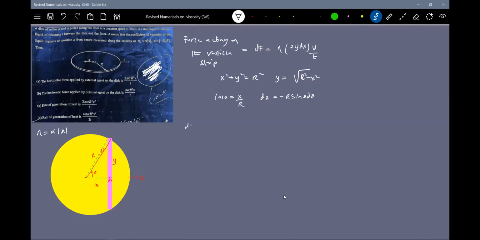Let me substitute all these things. So dF is equal to eta times the square root of r square minus x square. The y value is substituted, dx will be minus r sine theta d theta, v by t. What is x? x equal to r cos theta.